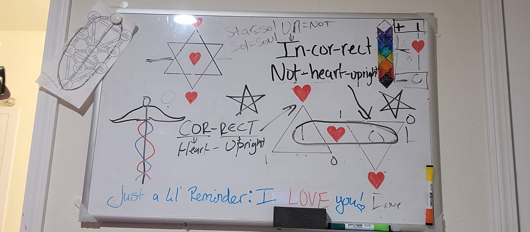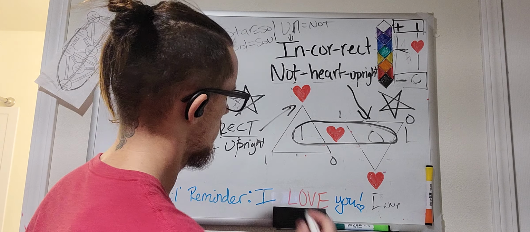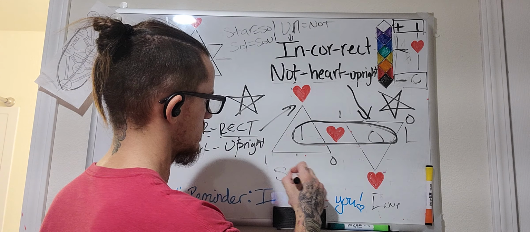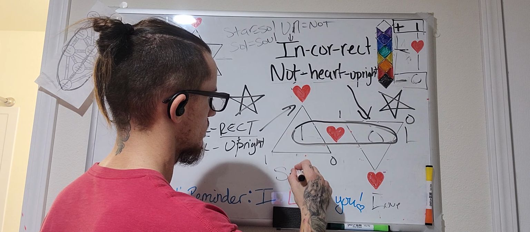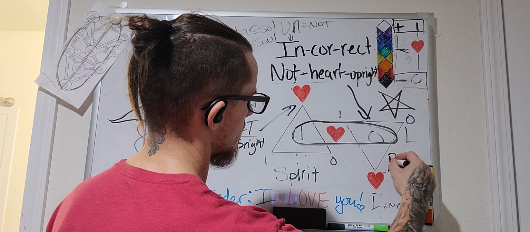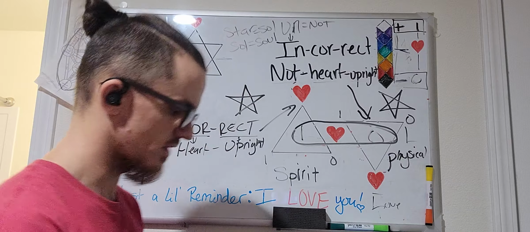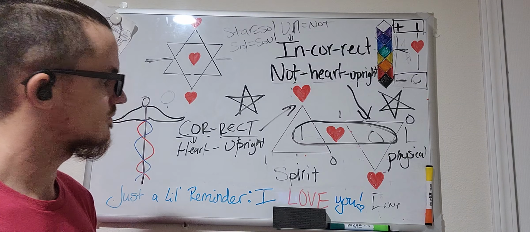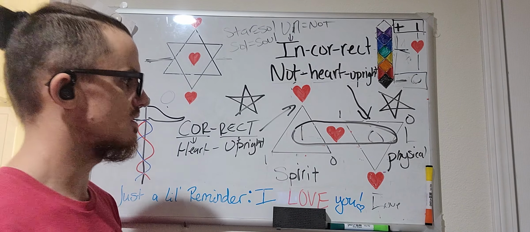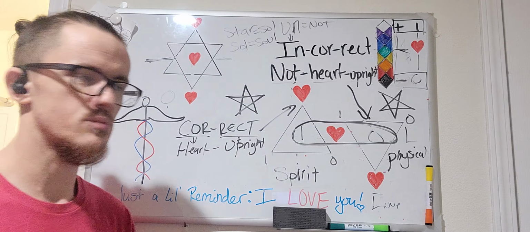And with all that being said, it's important to remember that spiritual reality and physical reality are reflections of each other, and where those two meet in the middle, something truly magical, so to speak, happens.